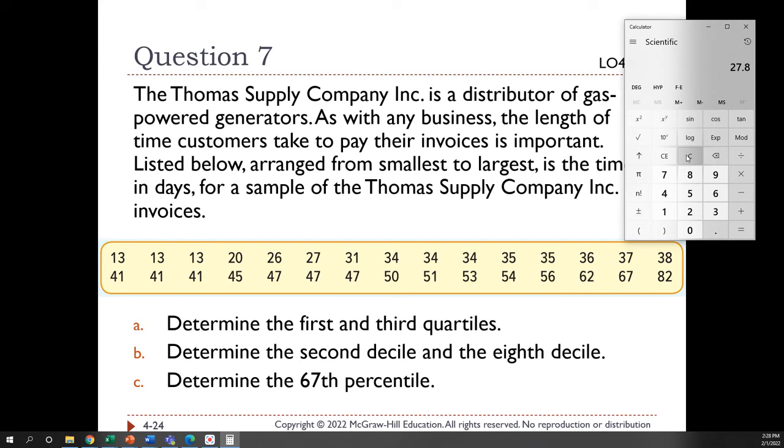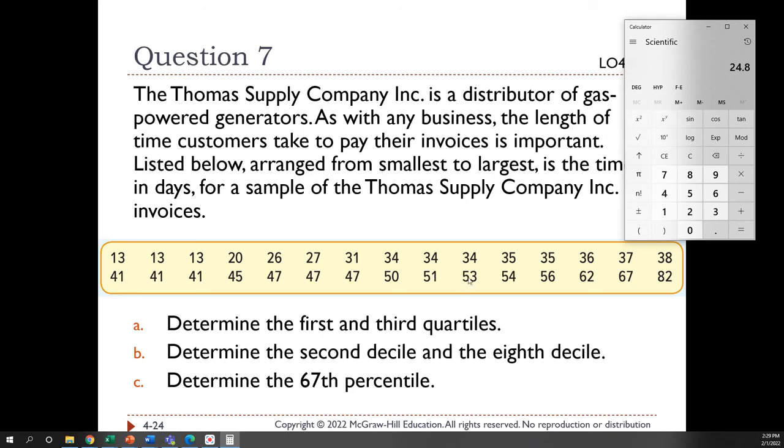It also wants to find the 8th decile. So again, taking our 3.1 times 8 will be the 24.8 number. So again, we would count. We know that's 15. So 16, 17, 18, 19, 20, 21, 22, 23, 24.